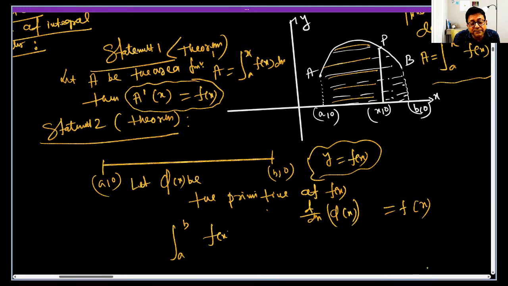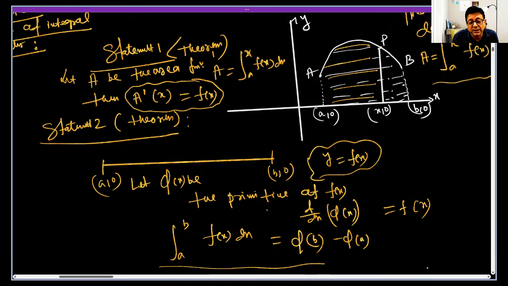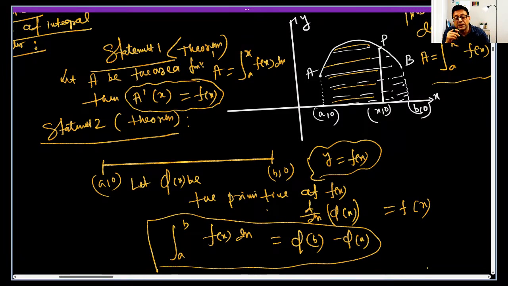That integral A to B f(x) dx is equal to phi(b) minus phi(a). Alright, this is the fundamental theorem of integral calculus part 2. We will be working on it mainly. Integral A to B f(x) dx equal to phi(b) minus phi(a).